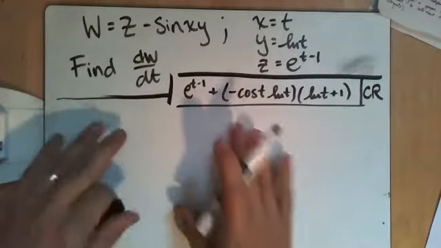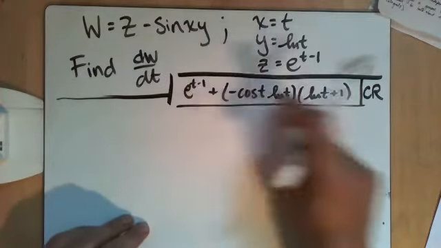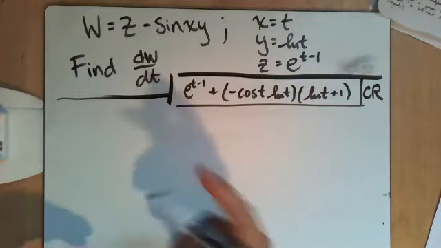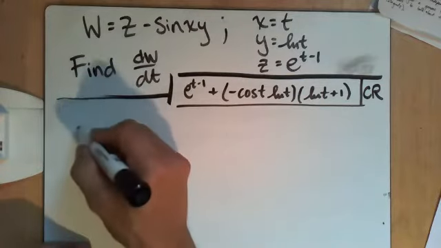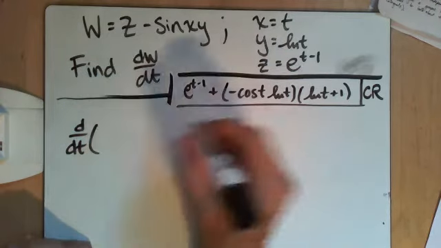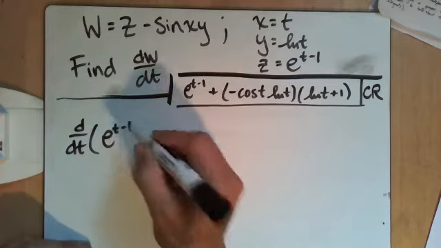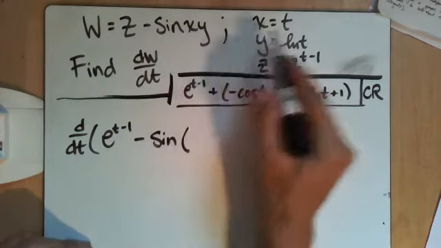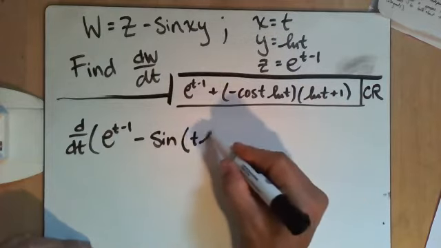Here's what we found with the chain rule, and we're going to compare that to what we get from direct substitution. So we get d by dt of z, which is e to the t minus 1, minus sine of x times y, which is t log t.